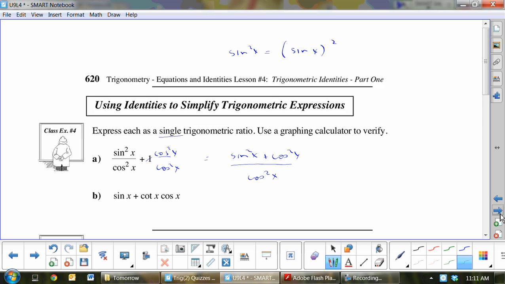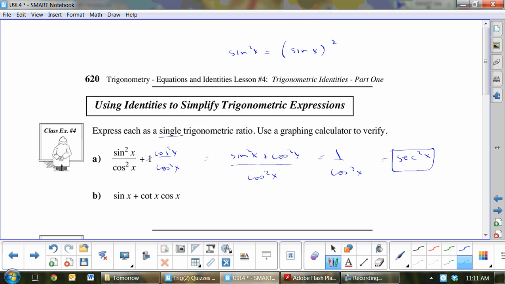Now, what is sine squared x plus cos squared x? It's 1. So this is the same thing as 1 over cos squared x, which really is secant squared x. That's a single trig ratio.